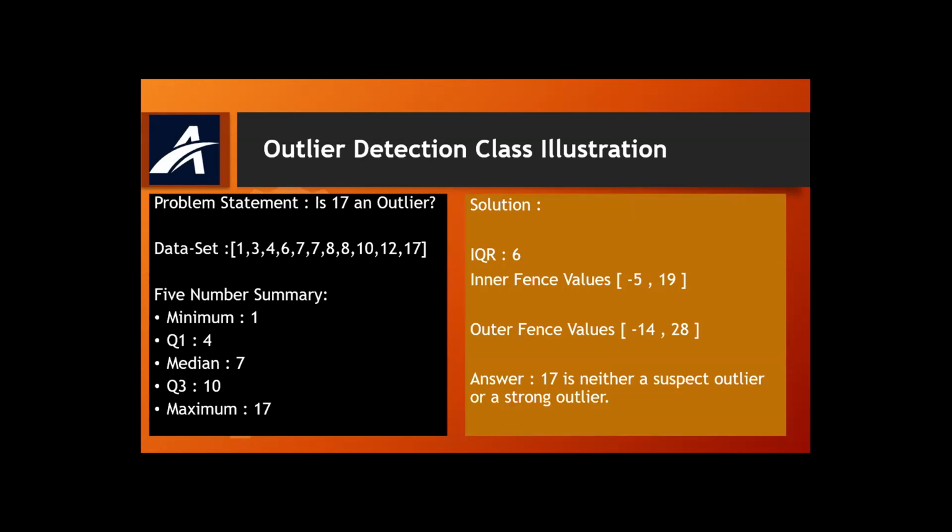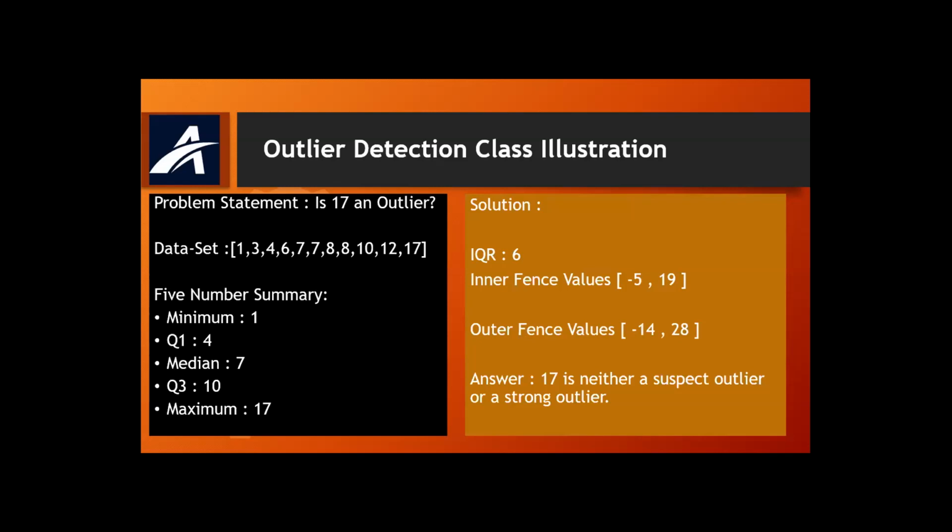The next slide shows the steps that Dennis took us through. From the data set, before you do calculations, there are people who would feel 17 is an outlier and people who would feel 17 is not an outlier. So the question is, is 17 an outlier from what you see?